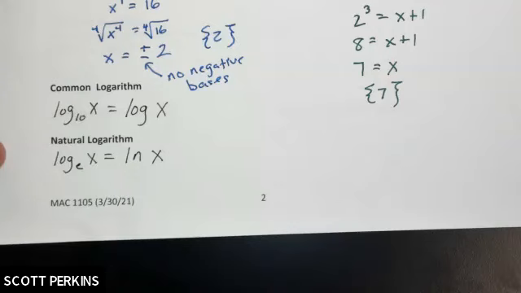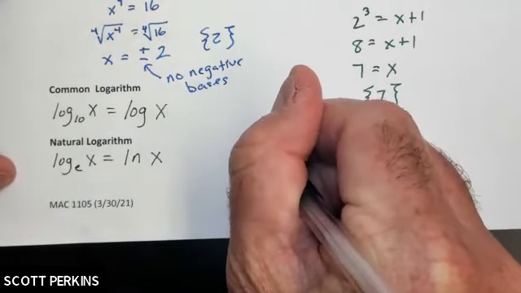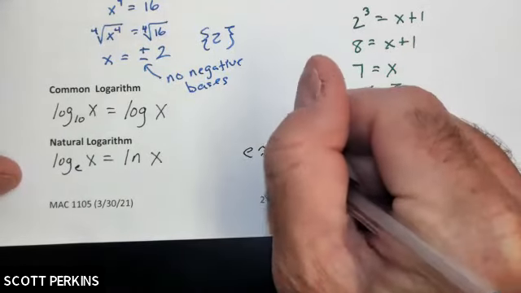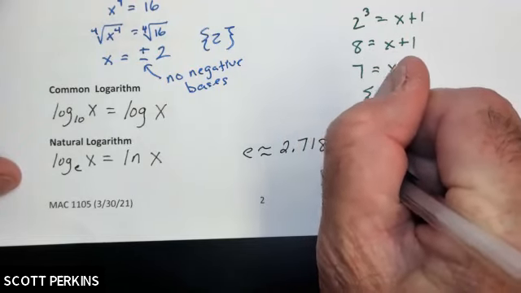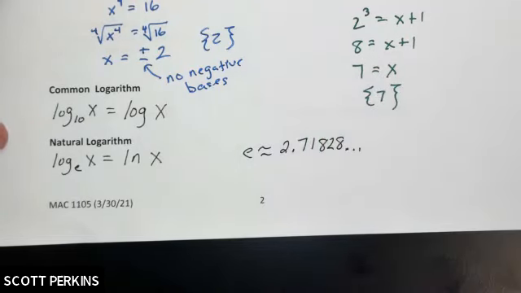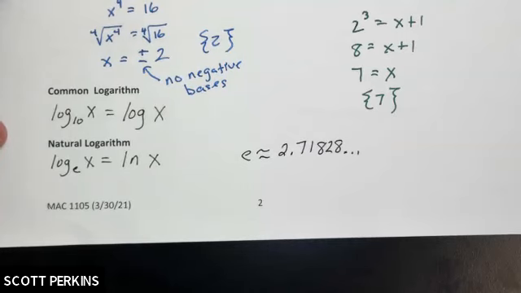Personally, in this class, I am not going to do too awfully much with the natural log, the base e, because that's kind of a pre-calculus concept of where that comes from. E is approximately equal to, if you're curious, 2.71828, and then it goes on forever in kind of a random assortment of digits.